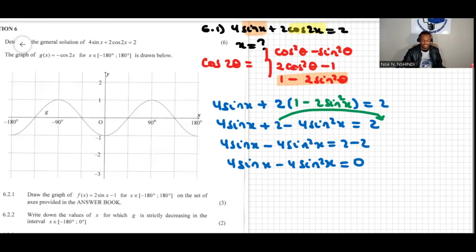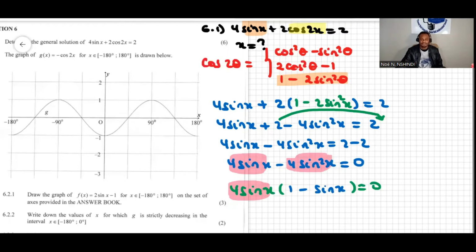Now what we notice is that we have common factors here, which are 4 sine x. We have 4 sine x there, and 4 sine x is also there. So I can take 4 sine x as the common factor, and then we are left with 1 minus sine x in the bracket, equal to 0.